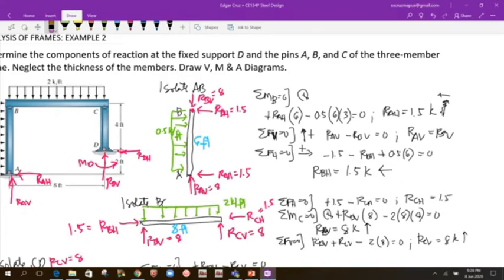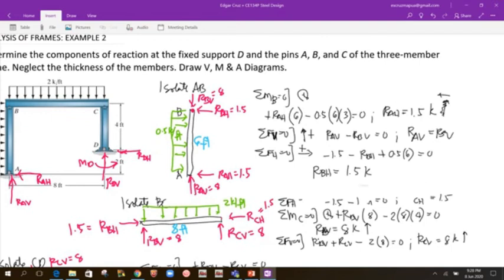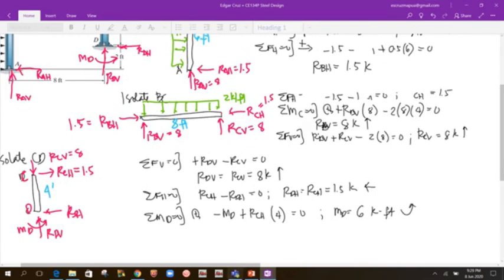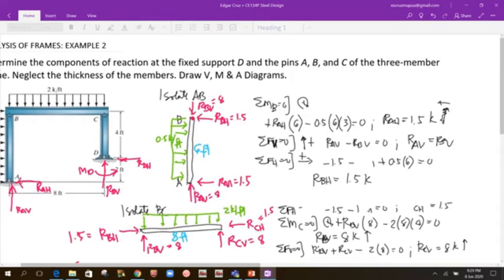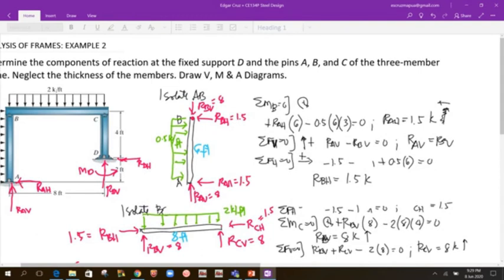So how do we draw the diagrams? Okay, so let's start with AB.